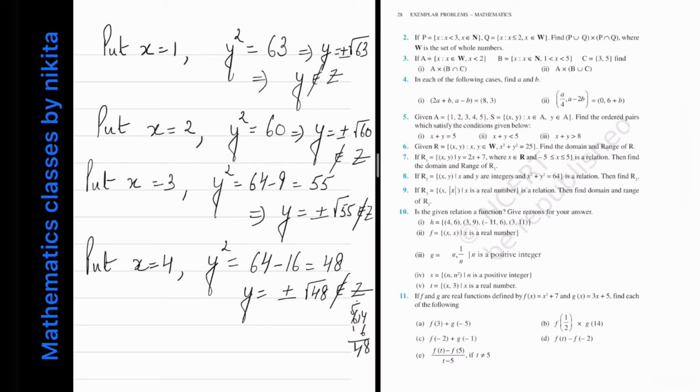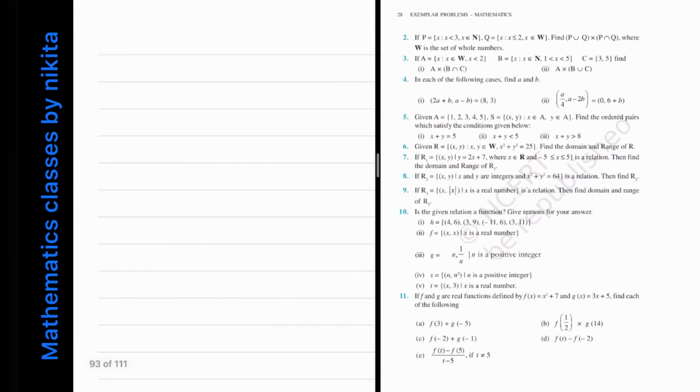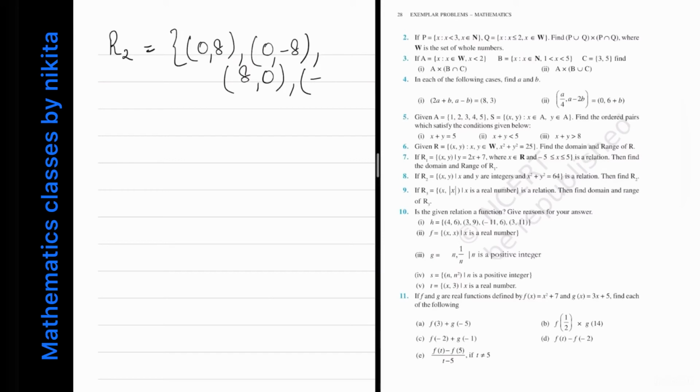So like this you can check that these are the only ordered pairs. And after some time you will start getting negative values. For example, I put x equal to 9, then y square will be equal to 64 minus 81, which is less than 0, so not possible. And the x equal to 8 case we have already seen. So therefore the relation R2 is equal to 0 comma 8, 0 comma minus 8, then you have 8 comma 0, and then you have minus 8 comma 0.